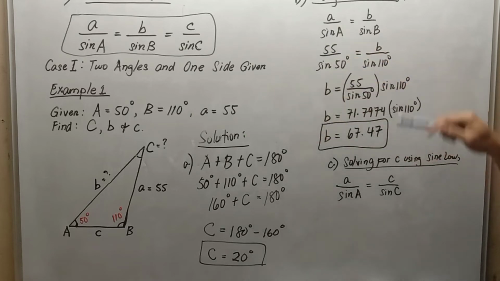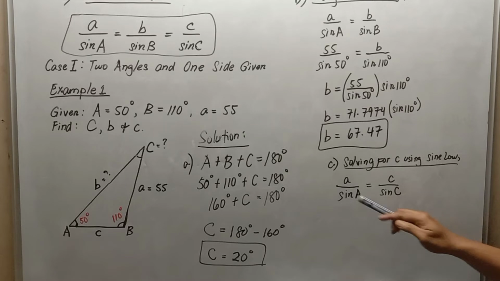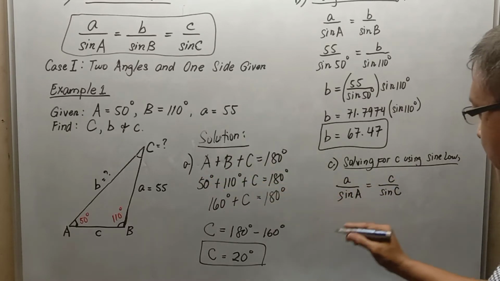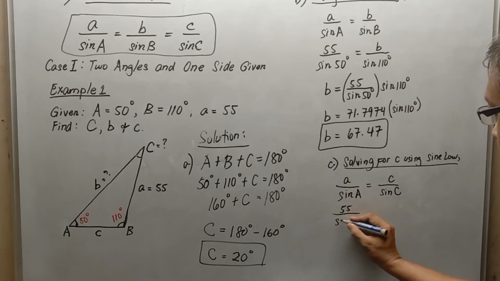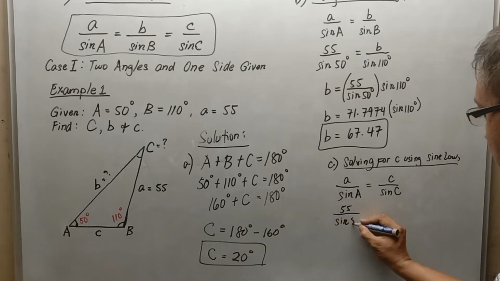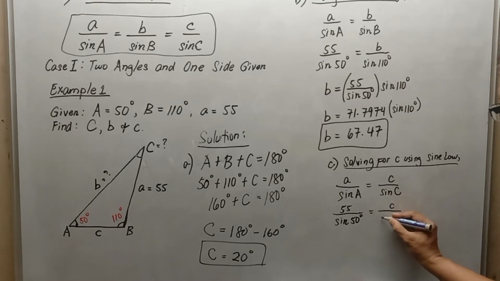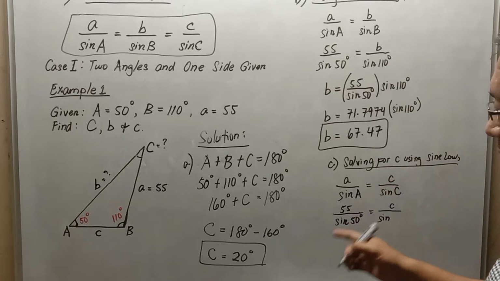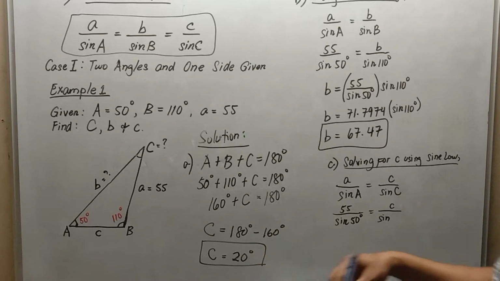In order to find the value of C side with this equation, guys, substitute the value for A. How much is A? 55, over sine A, angle A is 50 degrees, equal to C over sine C. How much is the angle C? 20 degrees. We have already calculated the angle C, which is 20 degrees.